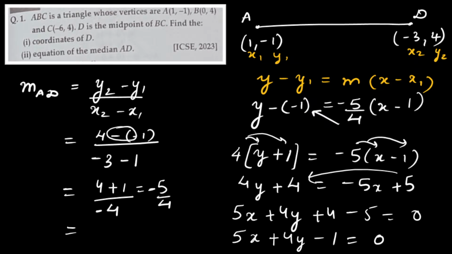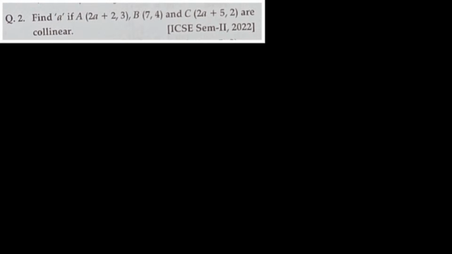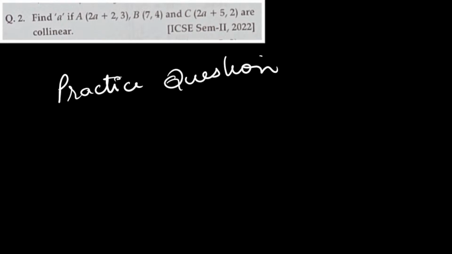Okay, so one question you can do for your practice. This question number 2 is a practice question that you can do and post your answer. Nowadays no one is posting the answers.